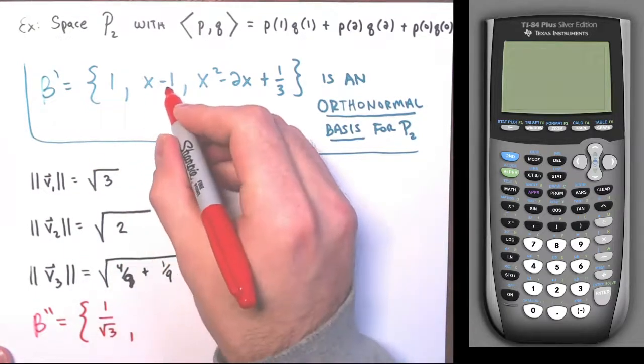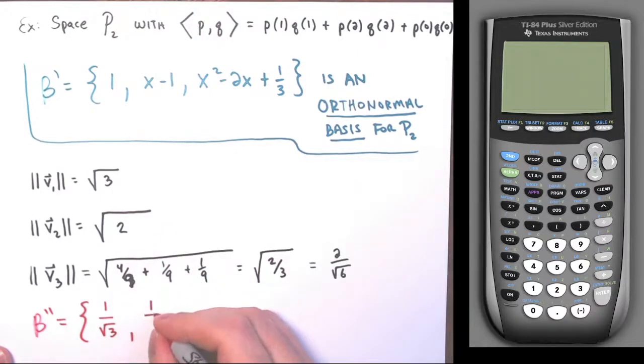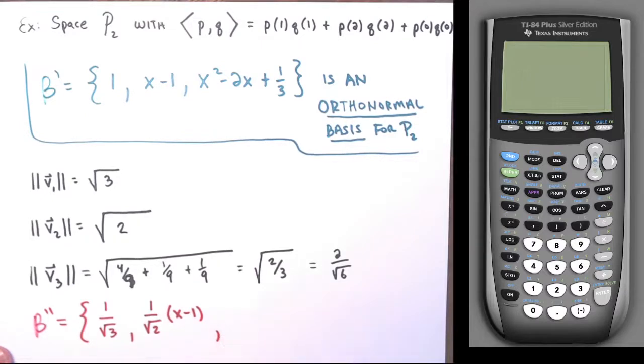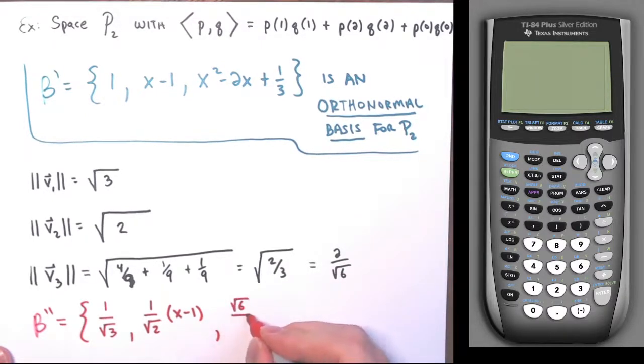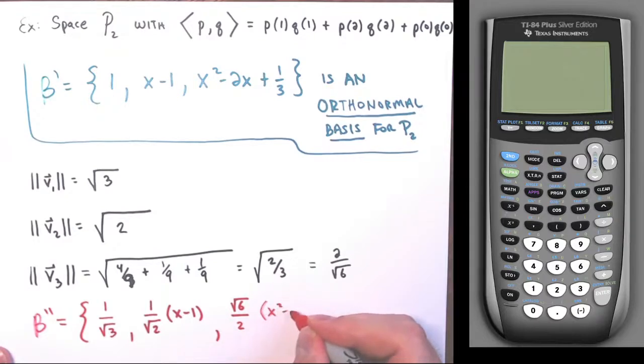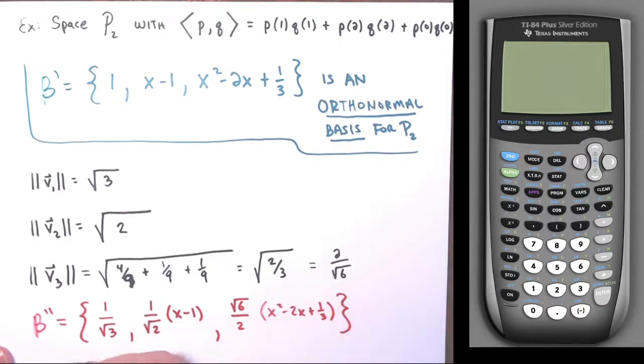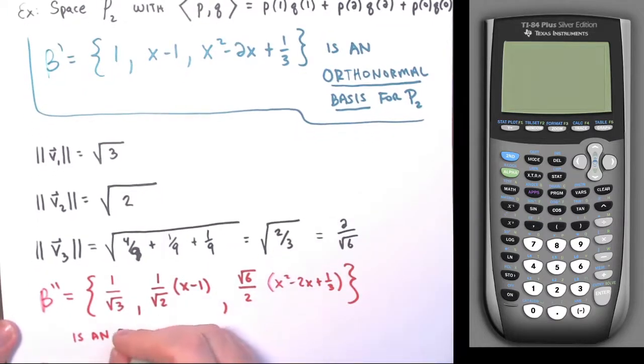And then x minus 1 times 1 over root 2, so 1 over root 2 times x minus 1 for the second polynomial, and then the square root of 6 over 2, or the square root of 3 halves, whatever the reciprocal of this is, times x squared minus 2x plus 1/3. Right, this is an orthonormal basis for P2 under this actual inner product.